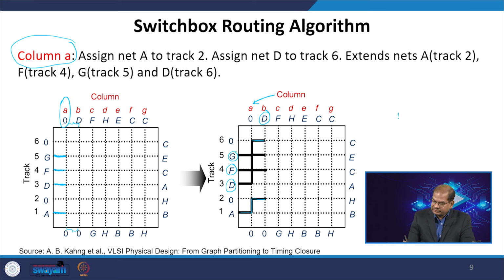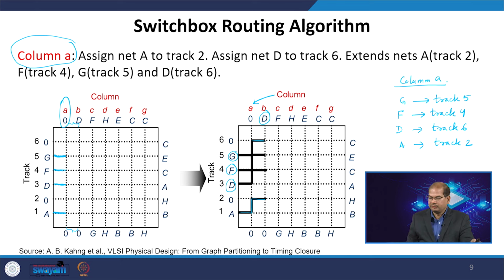And D is assigned to track 6, and A is assigned to track 2. This is the assignment for column A.